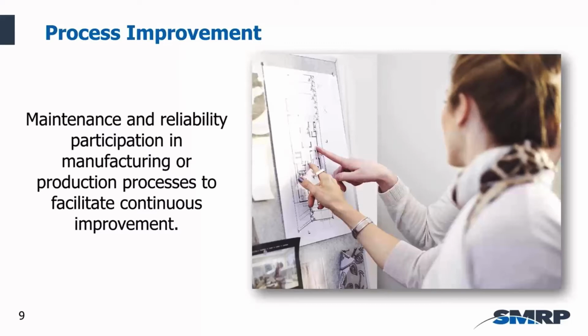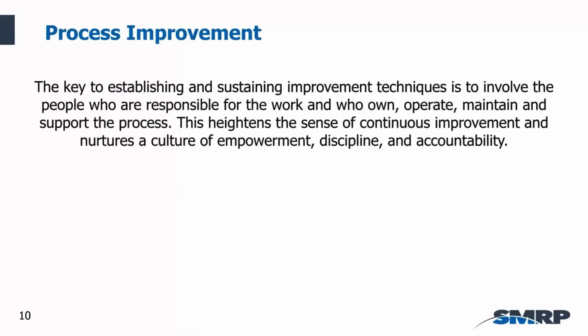And here we are in the next section, process improvement. In process improvement, what we want to do is focus on maintenance and reliability's participation in manufacturing and production processes to facilitate continuous improvement. And there's a couple of blurbs that I took right directly from the body of knowledge that I felt were important in this concept.